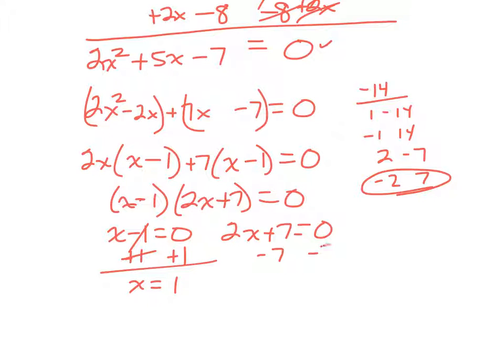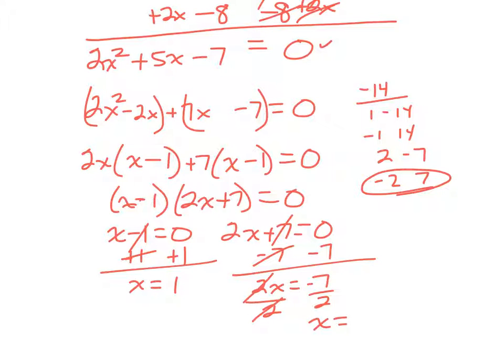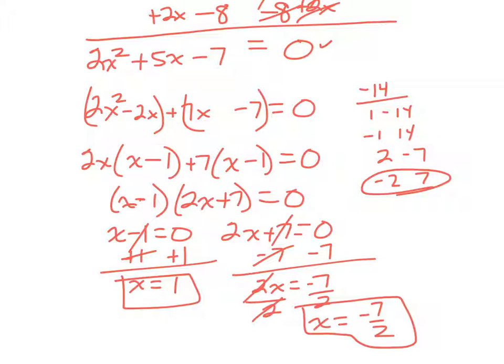Subtract 7, get 2x equal to negative 7, and divide by 2. And x equals negative 7 halves. And there are your two solutions, 1 and negative 7 halves.